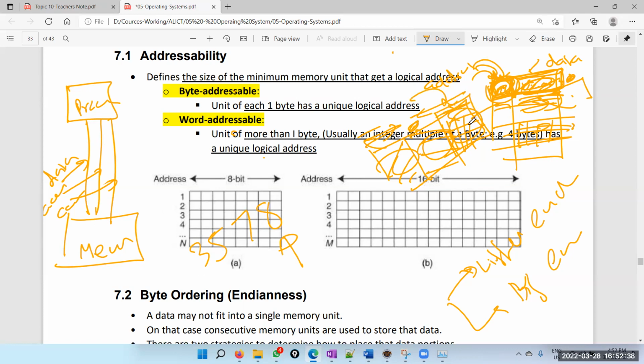If the least significant part is given the lowest address, then the next one, we call it little endian. If the more significant part is given the low address, then the next one, we call it big endian. Right? So byte addressable versus word addressable, little endian versus big endian. Okay, those are additional things.